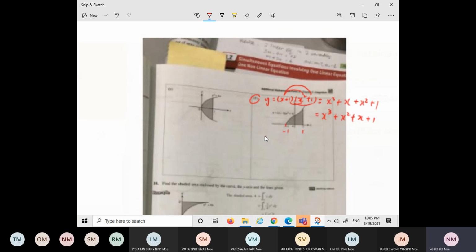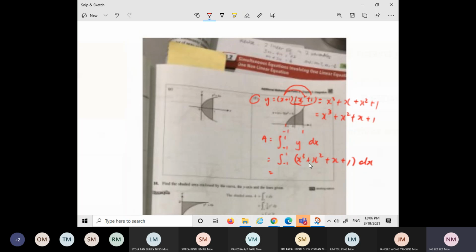Your integration for the area will be from negative 1 to 1, y dx, so the y is this. Now I'm going to write it as: integrate x to power 3, x squared, x and then 1.